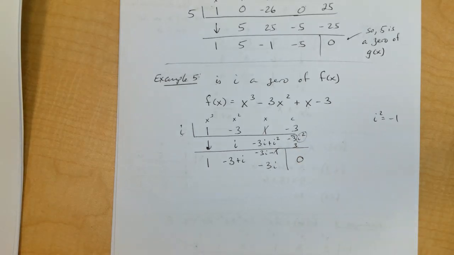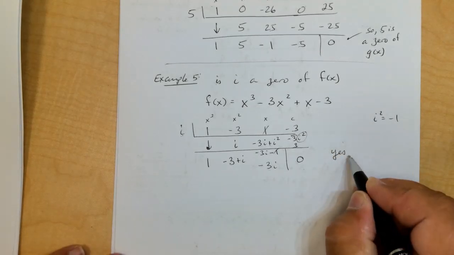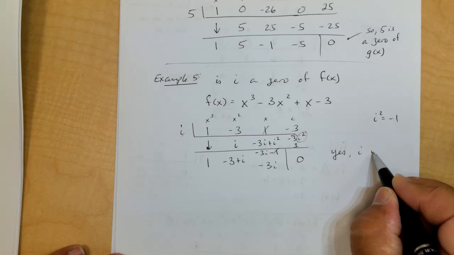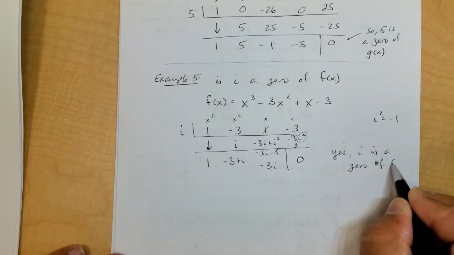So the remainder is 0. i is a zero of f of x.